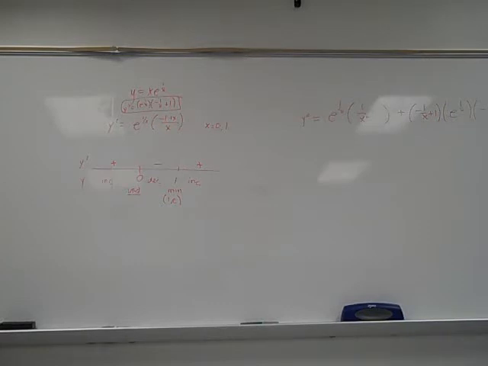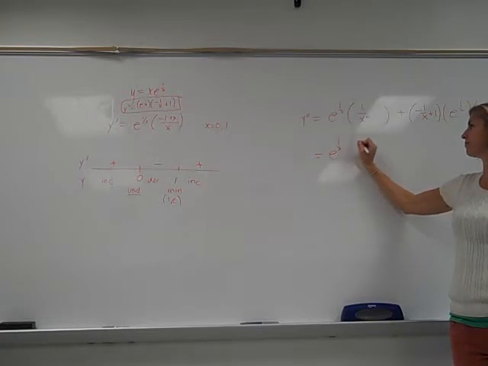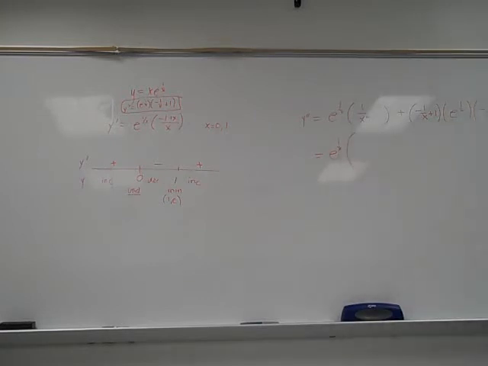I would factor out an e to the 1 over x first and see what that leaves me with. Because I do have two distinct terms. I've got this and I've got this. And even though I have addition here, I have three things multiplied, so I can take out e to the 1 over x from both things.